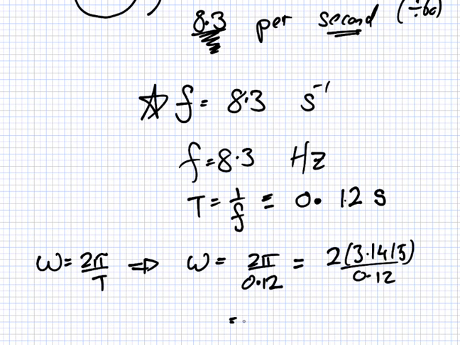What is it? 52.3. Okay, 52.4 radians per second.